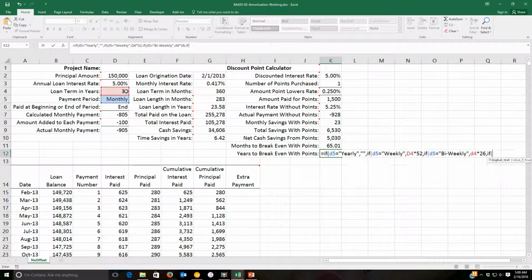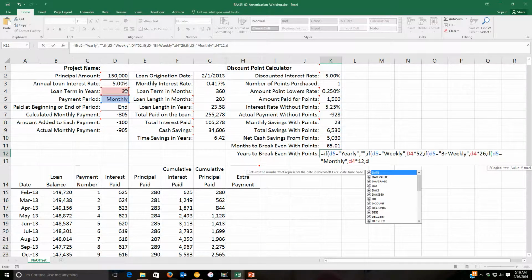Otherwise, we'll IF the value in D5 equals monthly, then we will take our value in D4 and convert it to months. At this point, since we've already eliminated yearly, quarterly is our last option. Here we will convert D4 to quarters.